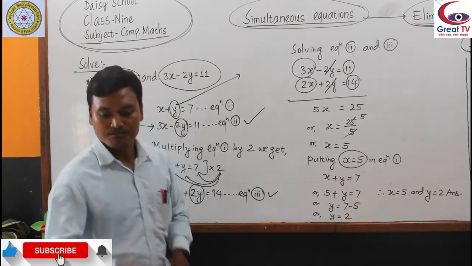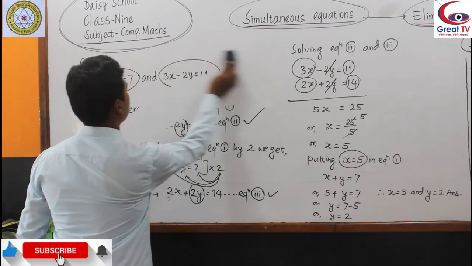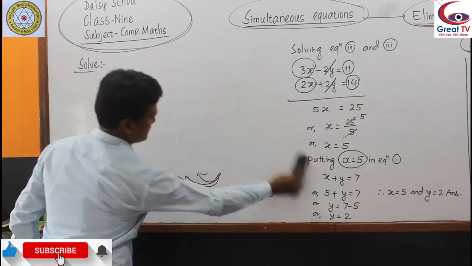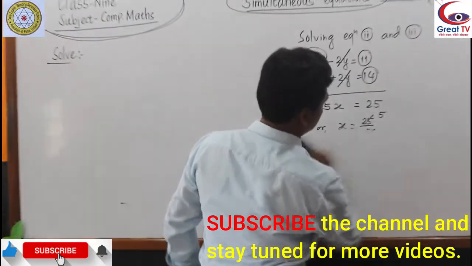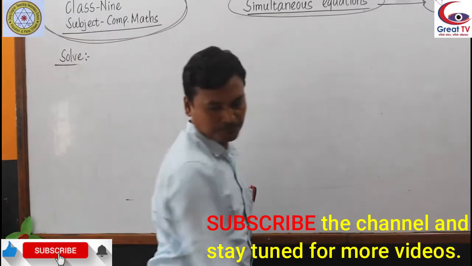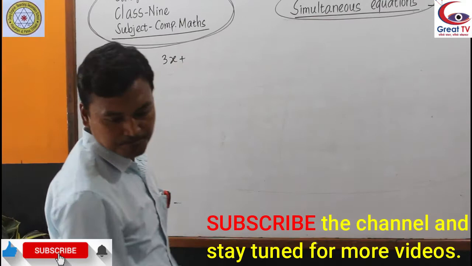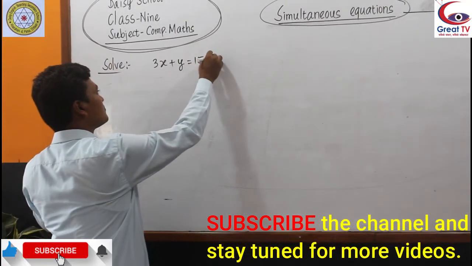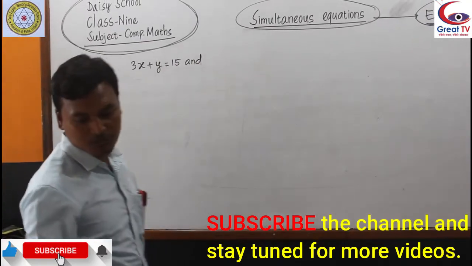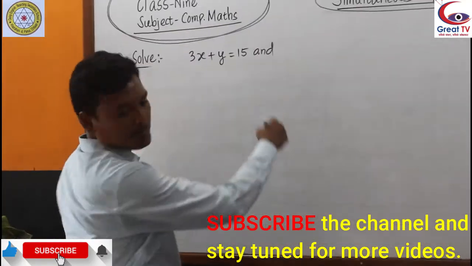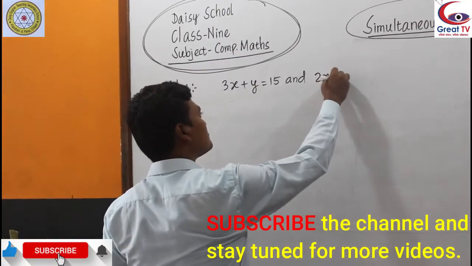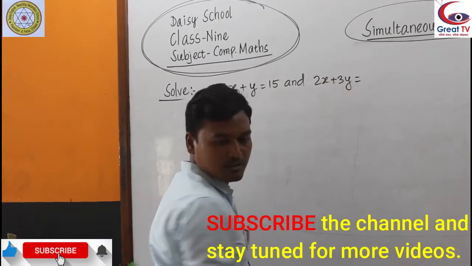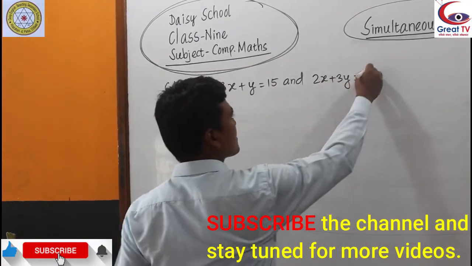Okay, let us solve the next problem. Plus y equals 15, and the next equation 2x plus 3y equals 17.